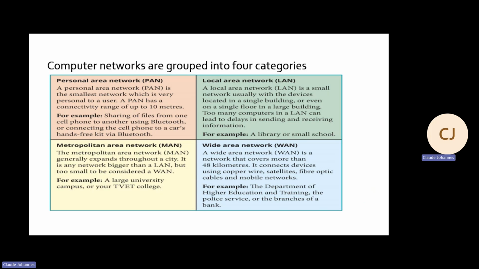Then we look at local area network. This is a small network, usually with the devices located in a single building or even on a single floor in a large building. Too many computers in a LAN can lead to delays in sending and receiving information. Just for instance, you weren't here because you were at home the first week when we were registering.